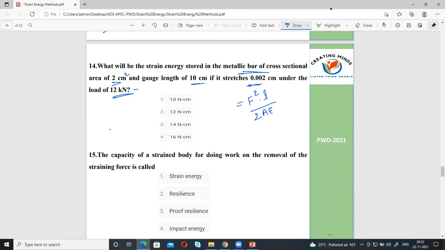First compute stress, P by A. Next compute strain, change in length by original length. Next compute Young's modulus, the ratio of stress over strain. Sir, option 2. All of you getting option 2? Please check. This is strain energy, U. Please check and confirm.